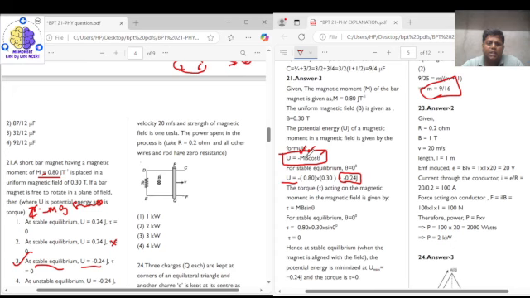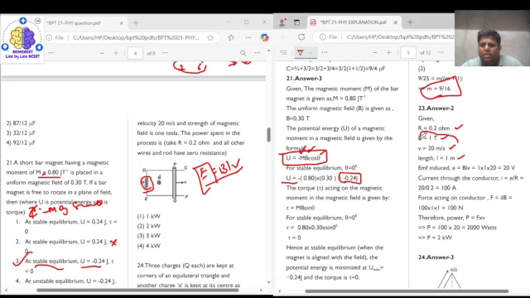Here this is the case of a motional EMF, and the motional EMF E is given as BLV. We have B, we have L, and we have V, so we can easily calculate the EMF induced. Once we have the EMF induced and the resistance, we can easily calculate the current induced. Here R is given as 0.2 ohm, B is 1 Tesla, V is 20 meter per second, and L is 1 meter.